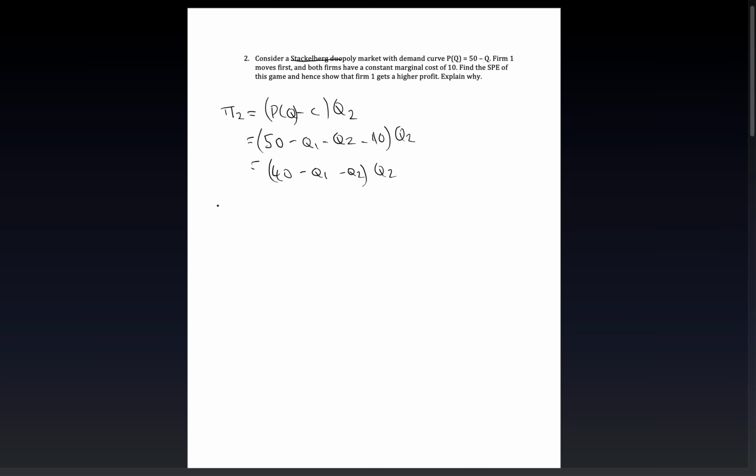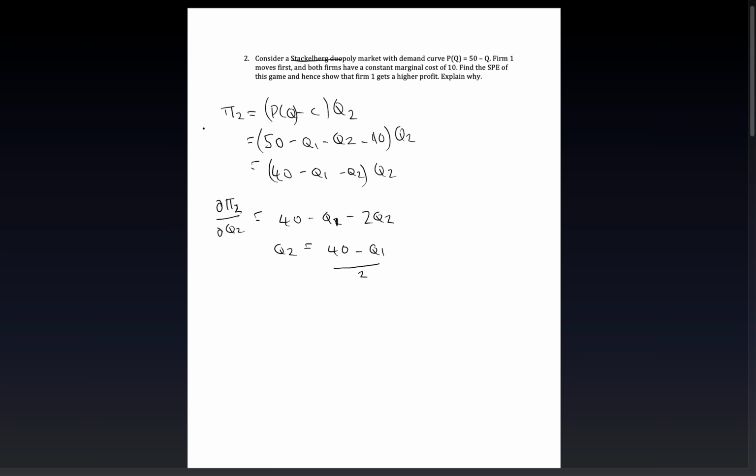So differentiating the profit of 2 with respect to Q2, we get 40 minus Q1 minus 2Q2, which means that Q2 equals 40 minus Q1, all over 2. Okay, so that's what quantity firm 2 will choose.